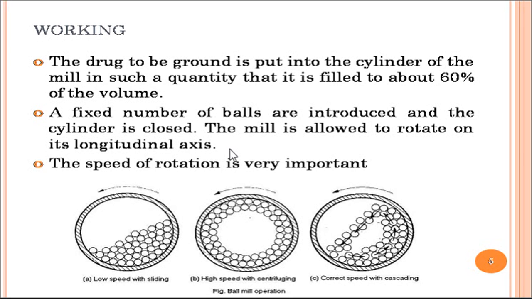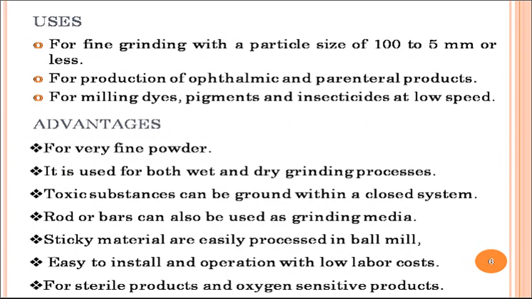The third figure is the so-called ideal figure, where the rotating speed is set in such a way that the balls rotating on the circumference of the ball mill body give impaction and attrition together for that material, and so the materials reduce their size.